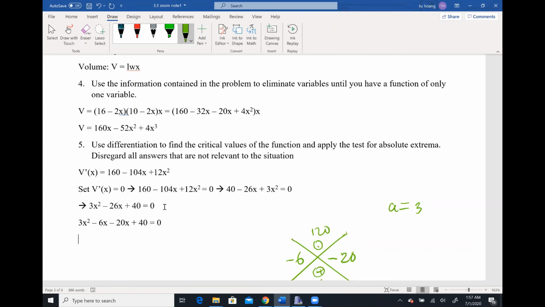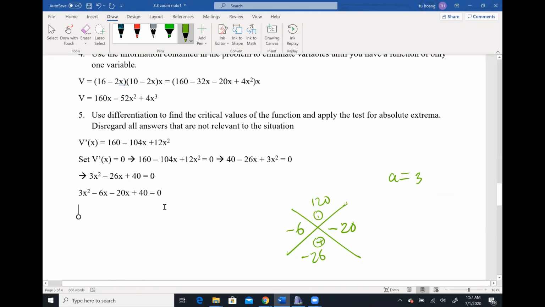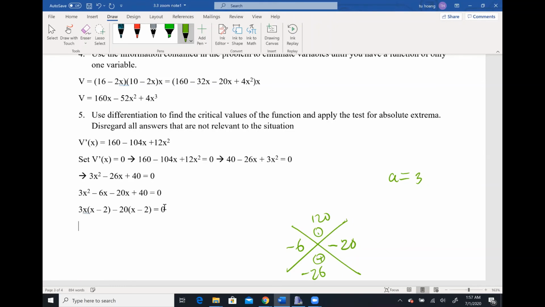And that will give you, you factor out 3x and x minus 2, and then you factor out negative 20 for x minus 2 also, equals zero.